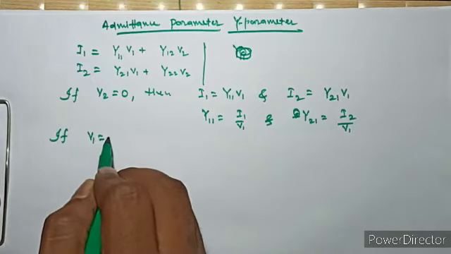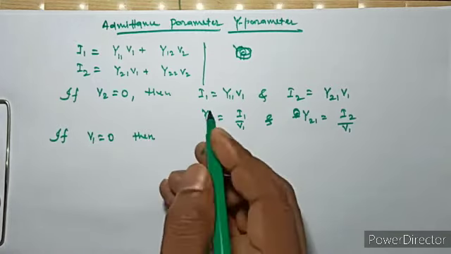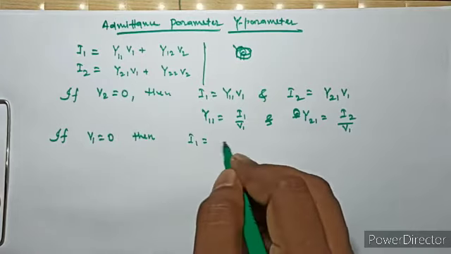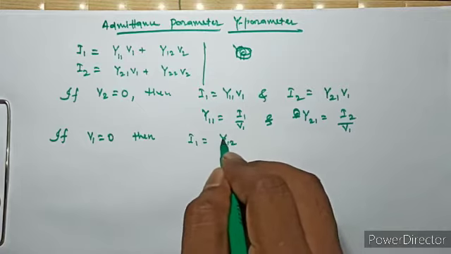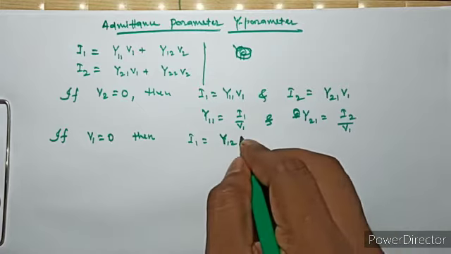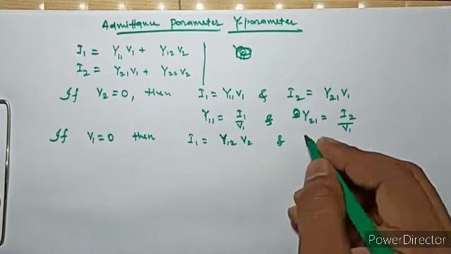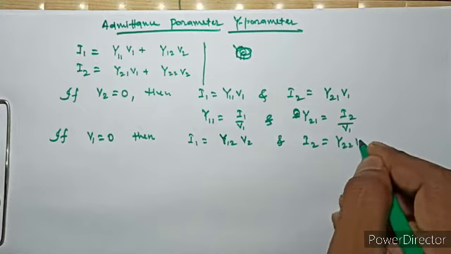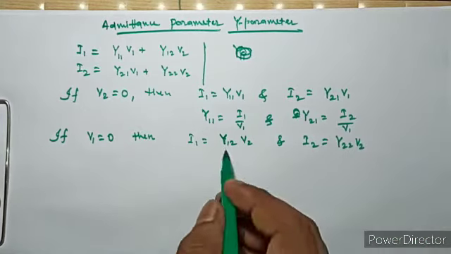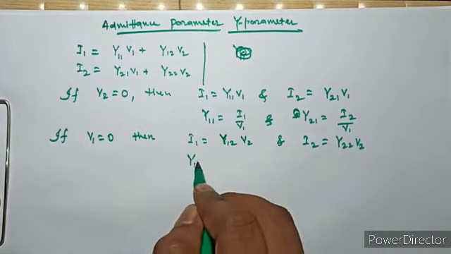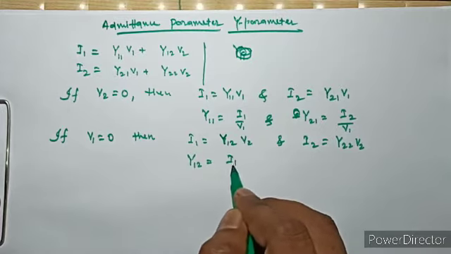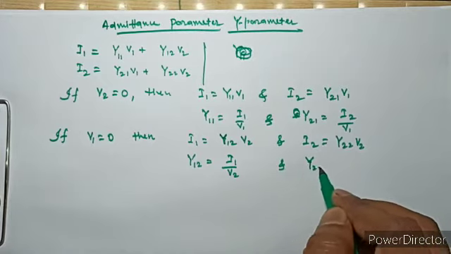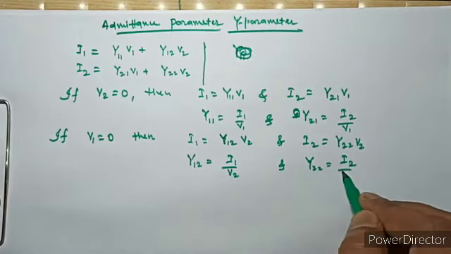And if V1 is equal to 0, then I1 is equal to Y12 V2 and I2 is equal to Y22 V2, and from here Y12 will be I1 by V2 and Y22 will be I2 by V2.